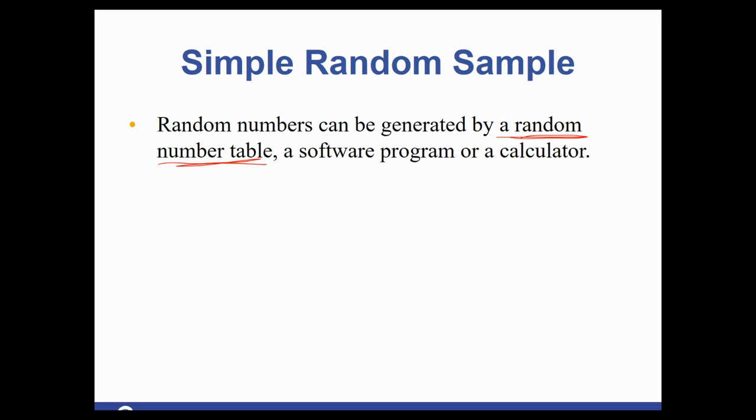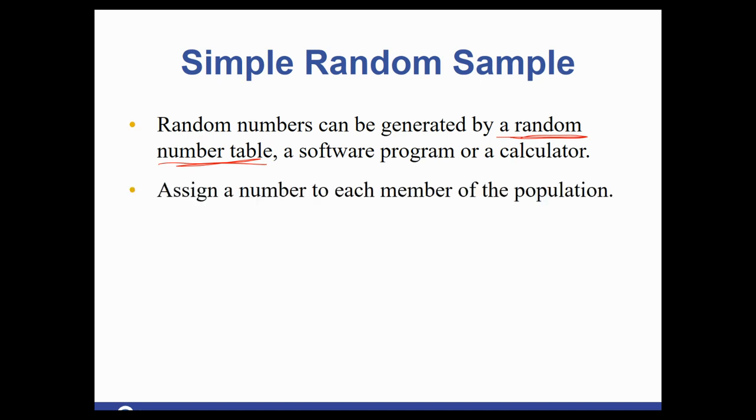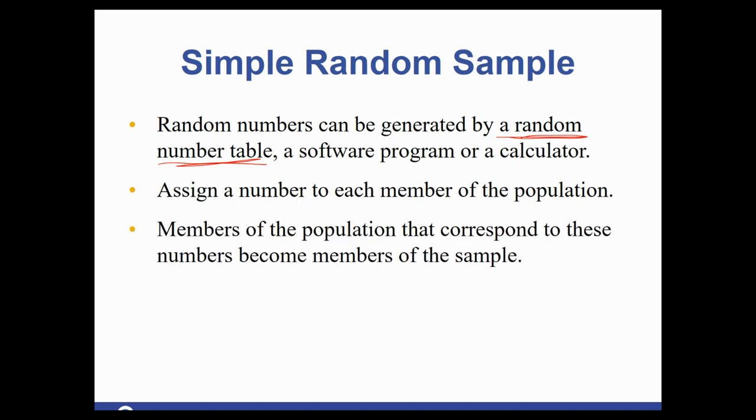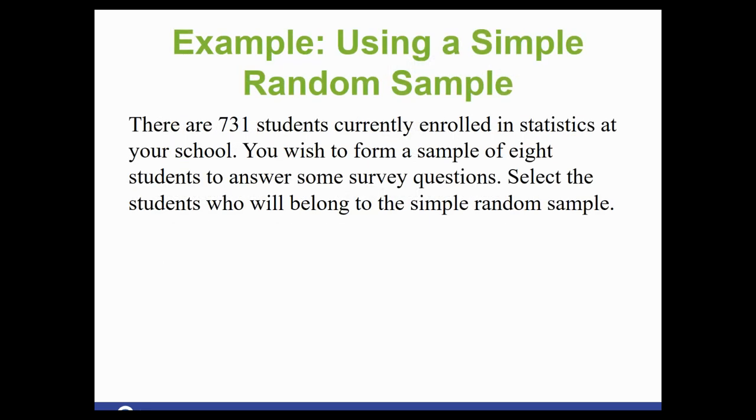So we use it so that way when we're doing problems like this, we can have the same results. But technically, calculators and computers can also do the same thing nowadays. So we would assign a number to each member of the population. So if we wanted to pick 4 people out of 100, everyone would get a number, 1 to 100. Members of the population that correspond to these numbers would become members of our sample.